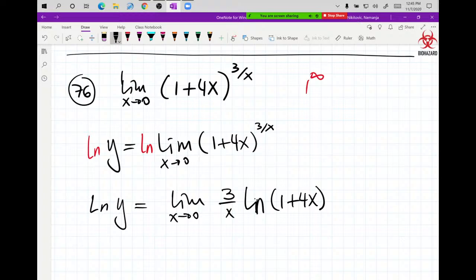We have 0. So 3 divided by 0 is infinity. And when you plug in 0 for 4x, it makes it ln of 1. ln of 1 is 0. Maybe I should write that just in case, so you are not confused with that.